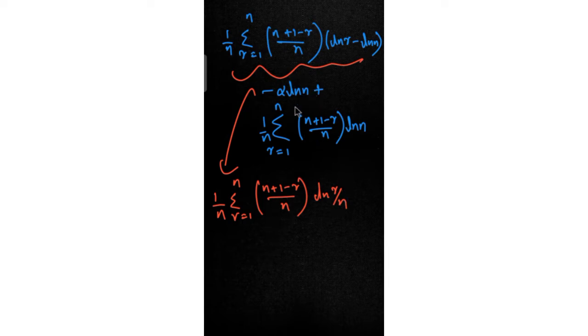Fine, now we have got this term ln(r/n), and now we'll be simplifying the other two terms. So this is minus alpha ln n and plus, I'll take this n outside because this sigma depends upon r, not upon n, so I can take this out, 1/n². Also I can take the ln n outside, so I'll be getting ln n times Σ from r=1 to n of (n+1−r).